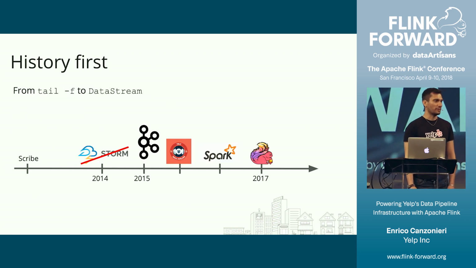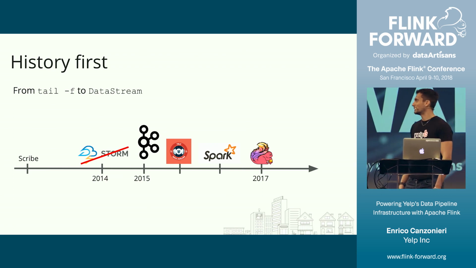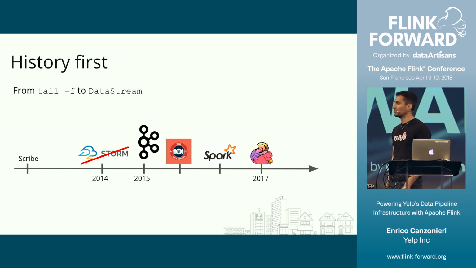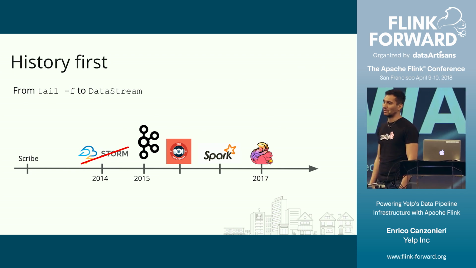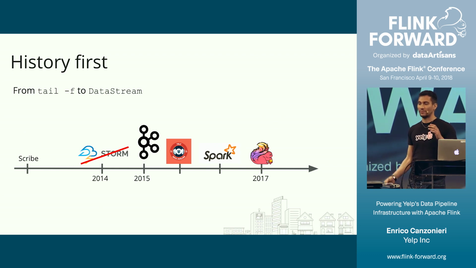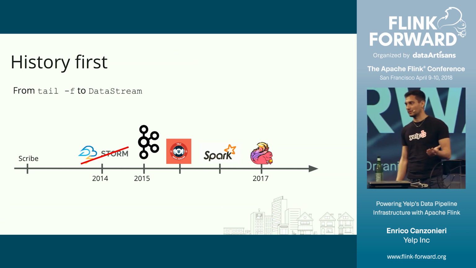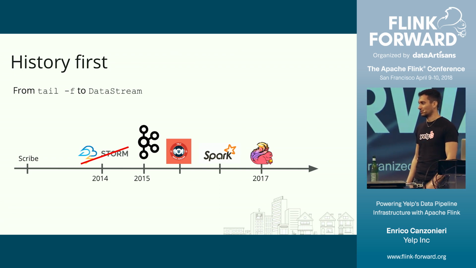Let's start with some historical context first. We really started streaming back in the days with Scribe. Scribe used to be an open source Facebook project. It's mostly used for log aggregation. That's what we were using it for. We were running a Scribe leaf on every host in the infrastructure, and then streaming data to some log aggregation servers.